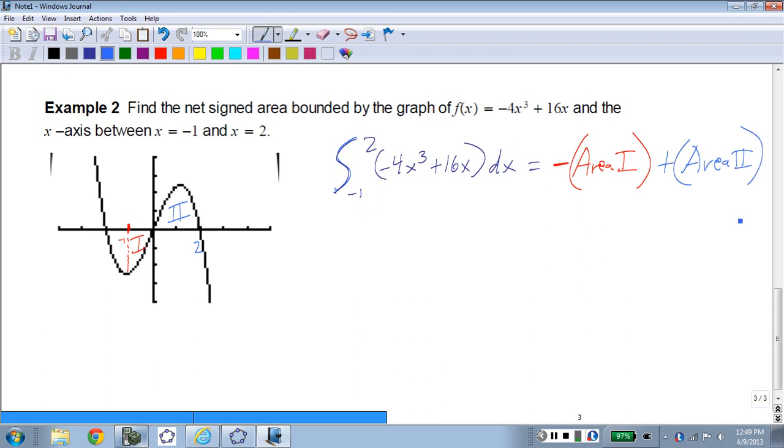It's not going to be the total area bounded by the curve, not the sum of those areas, but whatever area 2 is, it's going to subtract from that area 1, and it's going to give us that answer. So let's see.